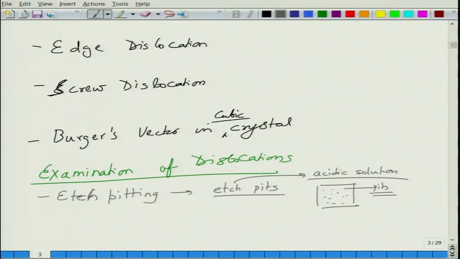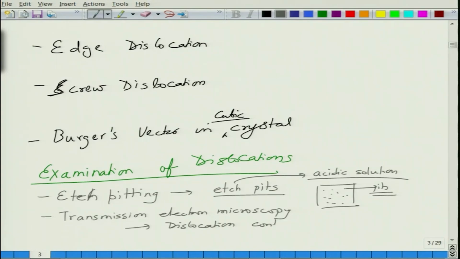You can also see them using a transmission electron microscope. They show what we call dislocation contrast, and you can also see dislocation motion in TEM.